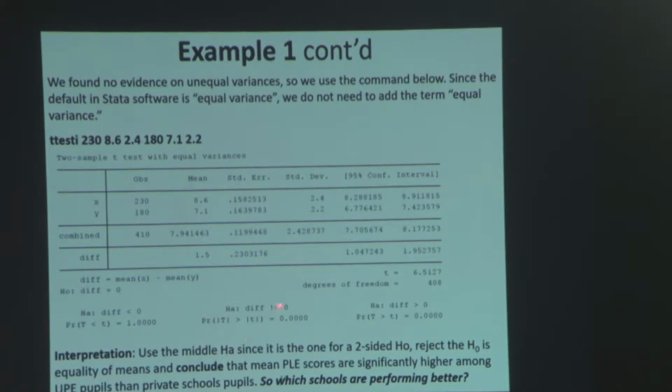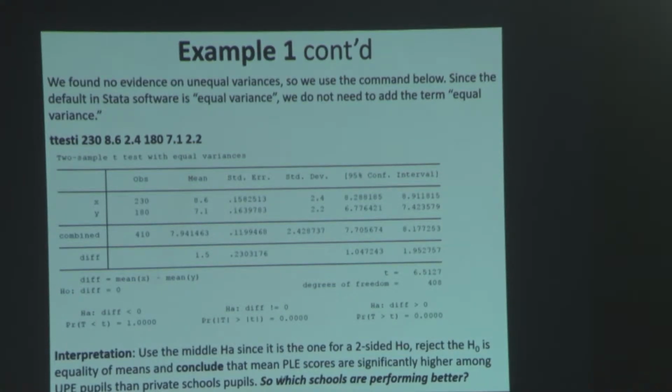So we use the middle, which is two-sided. Because of the p-value that is less than 0.05, we reject the null hypothesis, and null hypothesis tests equal means, and we conclude that PLE scores are significantly different between UPE schools and the private schools.